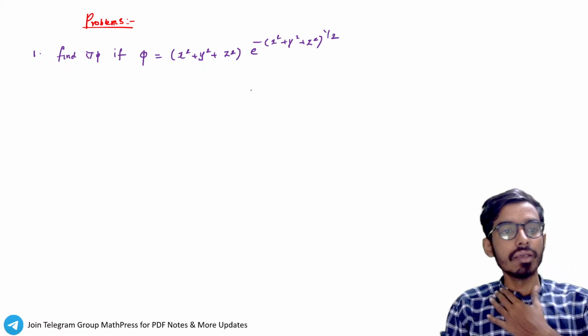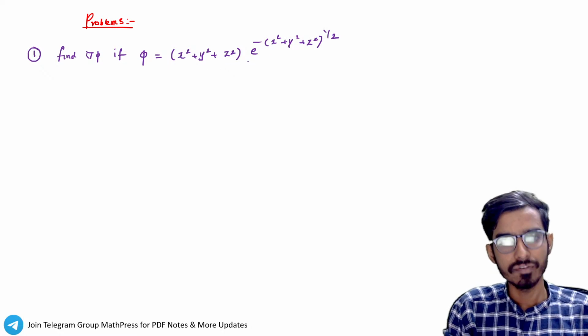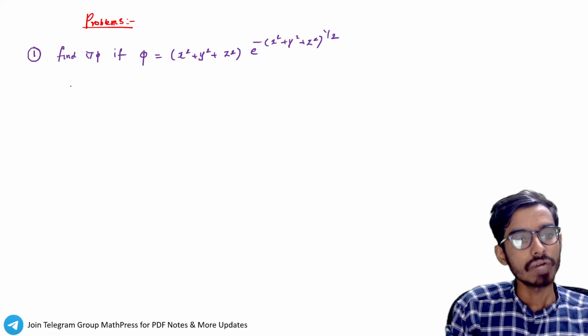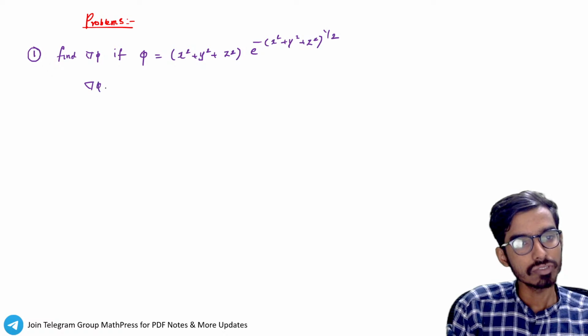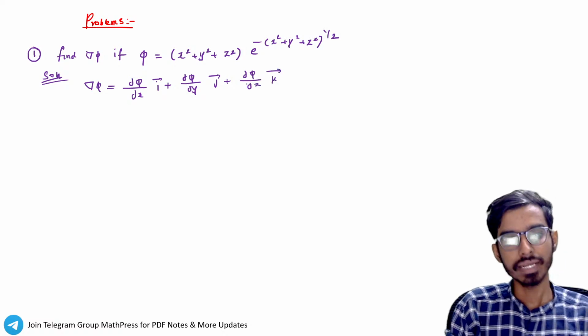Now we need to find the gradient of this phi. They have given phi, which is a scalar point function. So what is the formula? Del phi is dou phi by dou x i vector plus dou phi by dou y j vector plus dou phi by dou z into k vector.